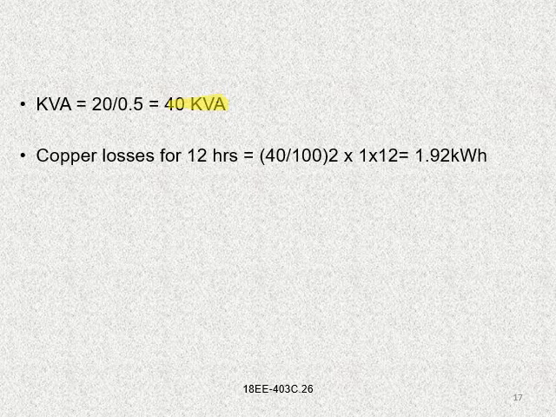So copper loss for 12 hours is equal to (40 kVA by full load kVA) whole square into 1 into 12. That gets you 1.92 kWh. This is not into 2, this is square.